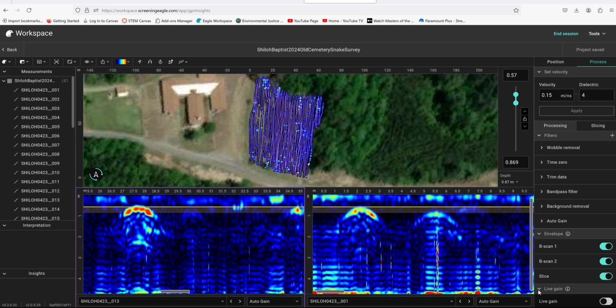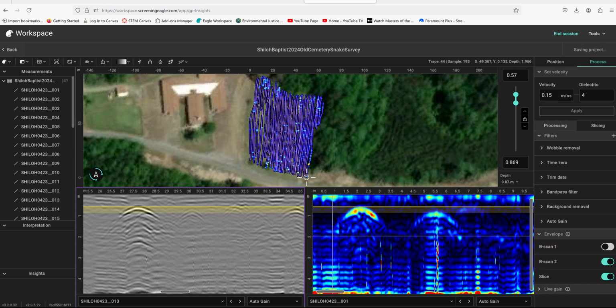As we come down here, we can also do our live gain, which we're going to end up doing an auto gain preferably. But as we run through these, it's usually good to look at both of them together. So as we see what our signal is here, we can also come back and check it. So here's our distance across the surface there.